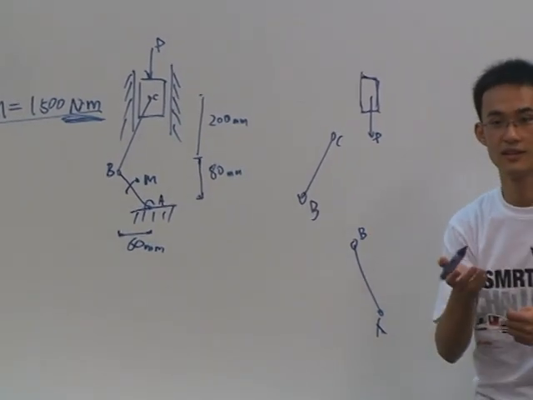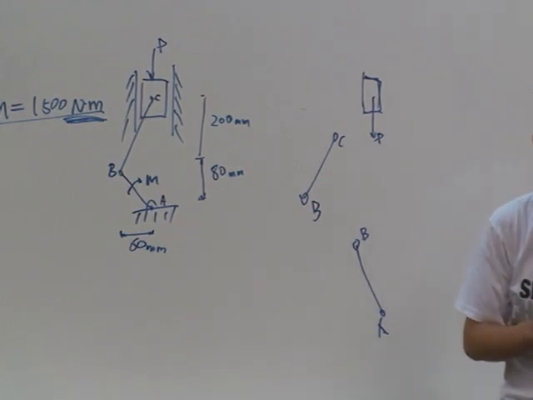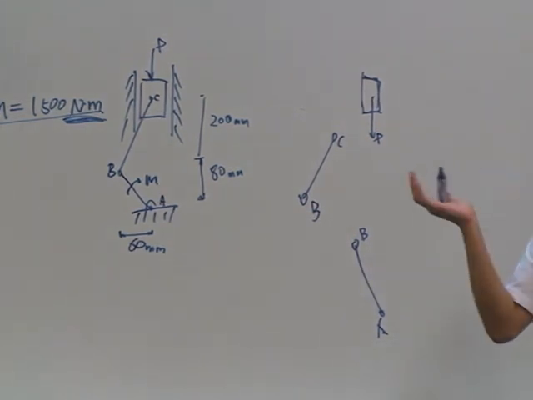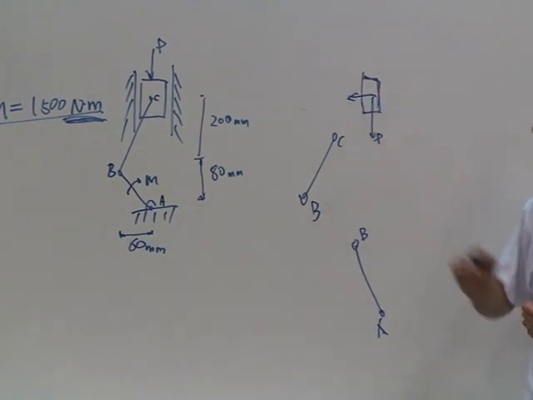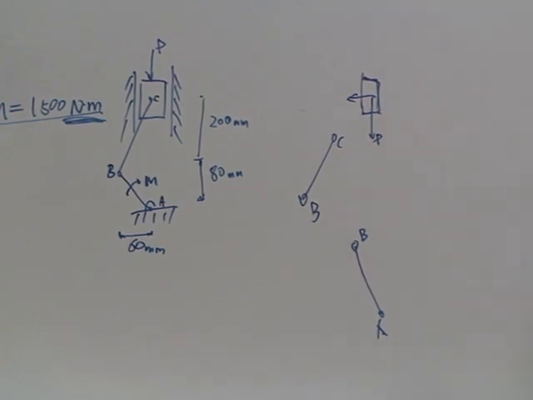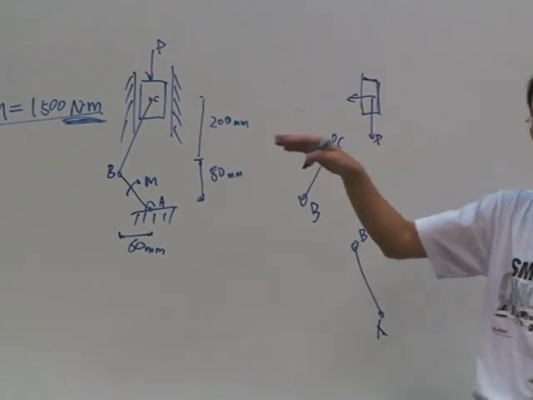Normal force. Normal force from where? From the wall, correct. Maybe in this direction, maybe in the other direction, we don't know. We just assume it is in one direction. In the end, if we find it's negative, it means it's in the other direction. So here, we can just assume it's along a line, without specifying which direction it is.